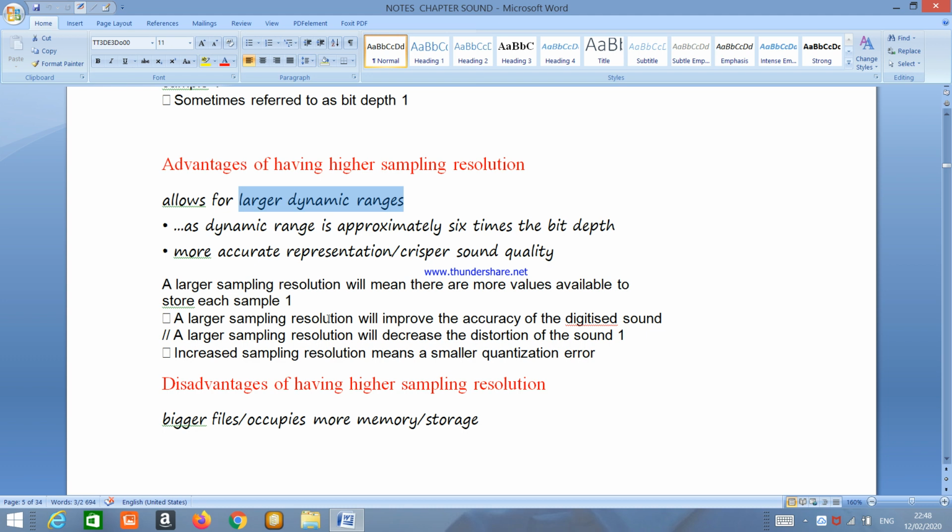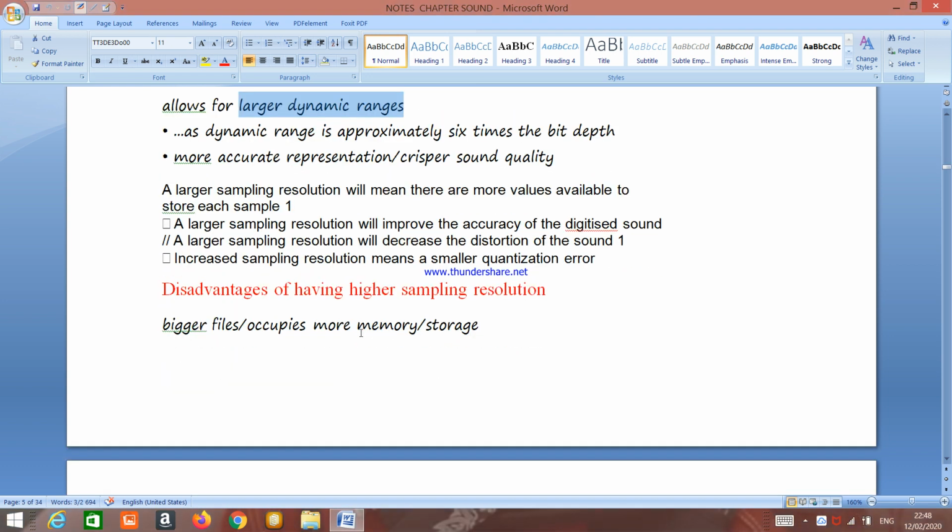It will improve the accuracy of digitizing the sound, decrease the distortion, and reduce quantization error.